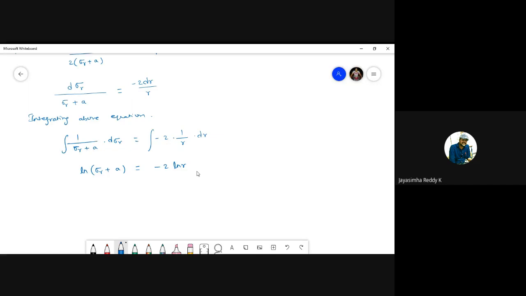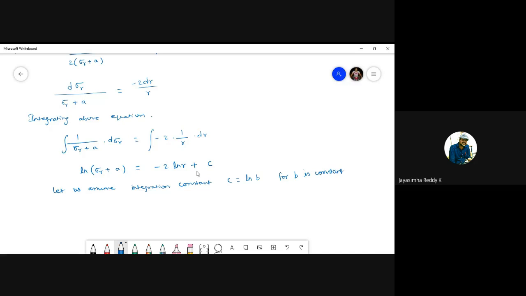This is the natural logarithm, students, plus c, the integration constant. Let us assume the integration constant c is equal to ln of b, where b is a constant.